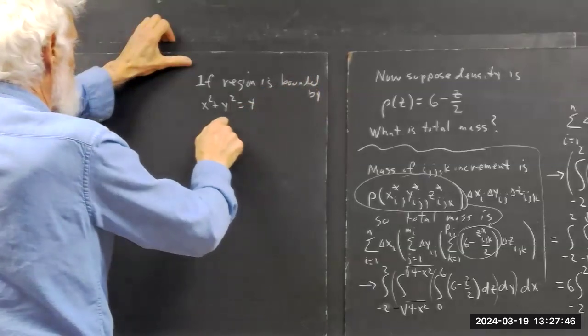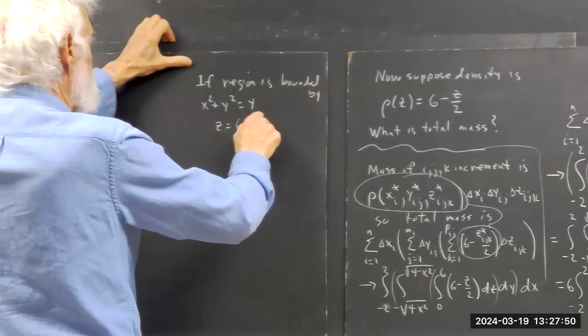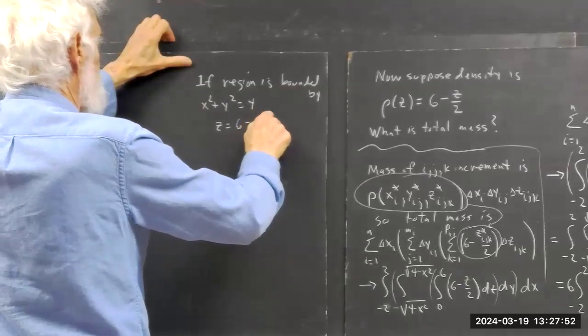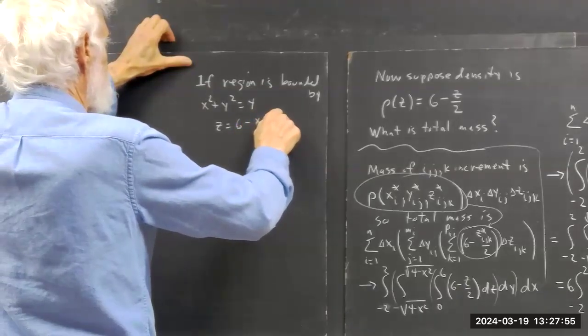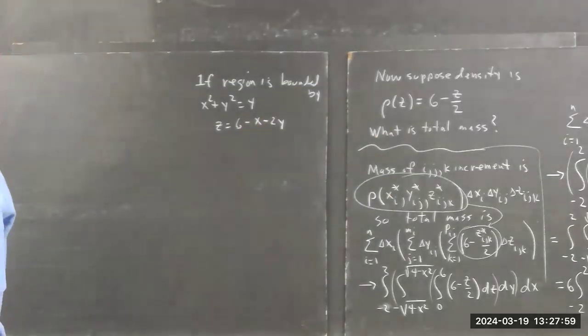Region bound by this, and z equals 6 minus x minus 2y, just to make it a little more variable. Okay.